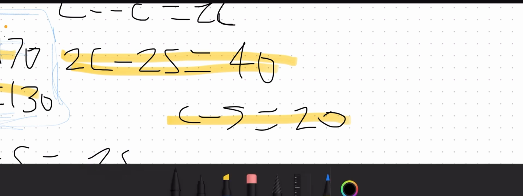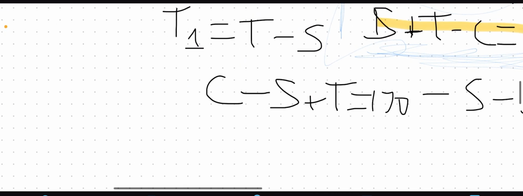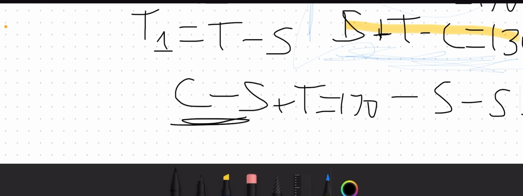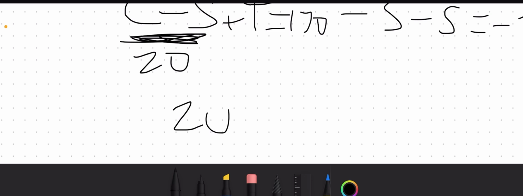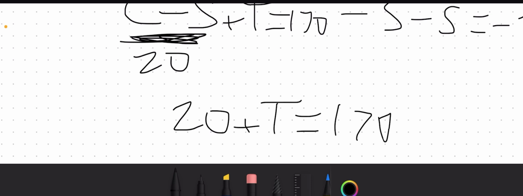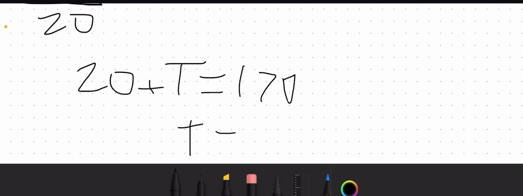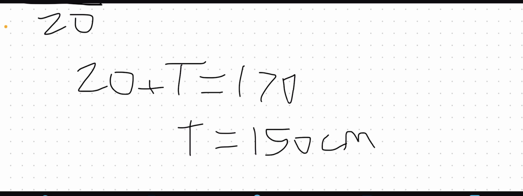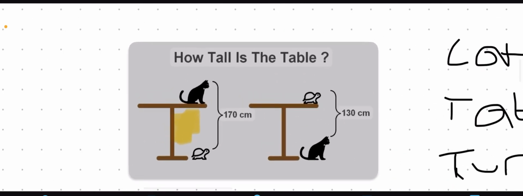We know that it gives us 20. And so you can actually substitute that in. This is just 20. So it's going to be that 20 plus T is 170. Subtract 20 from both sides, and you get that T is equal to 150 centimeters. Okay, and that is our answer, because it wanted to know how tall the table was, and we got it.